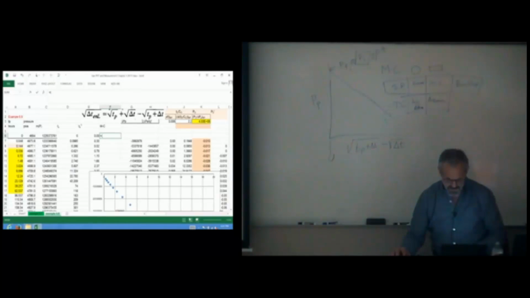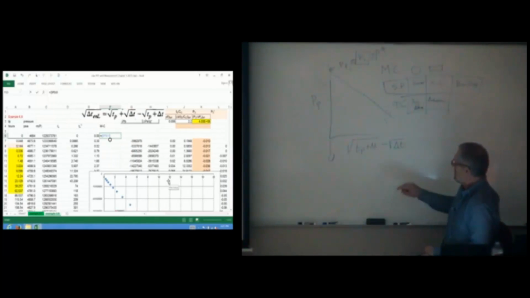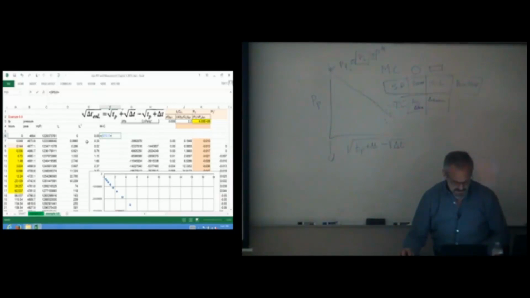t sub p, plus, times, plus, delta t, all raised to the 0.5, minus delta t raised to the 0.5.